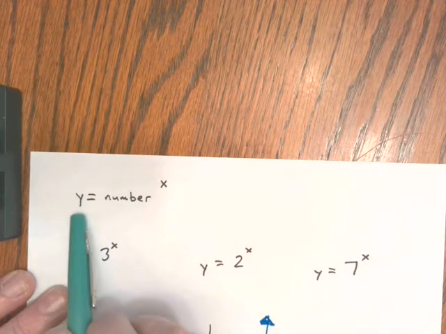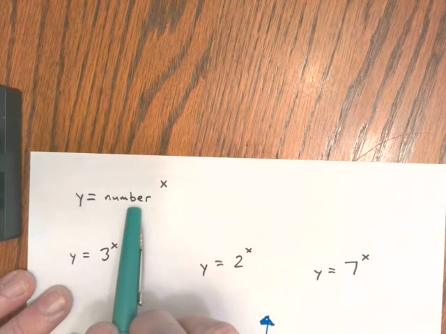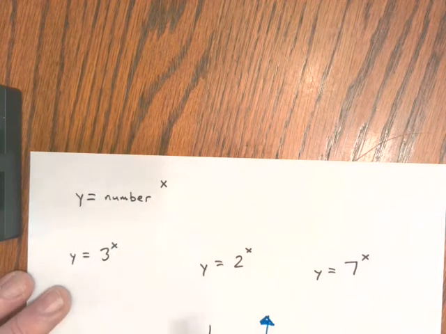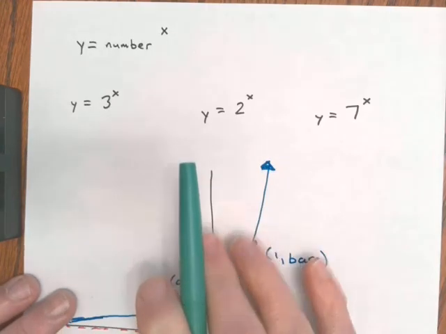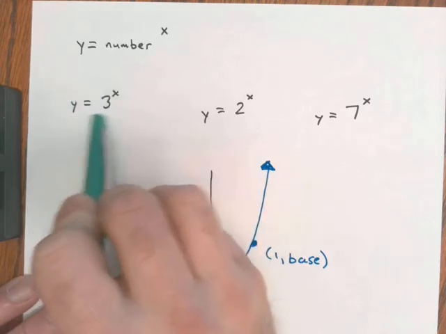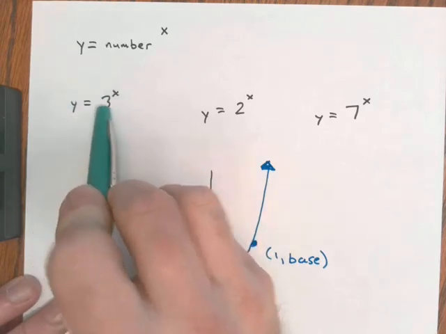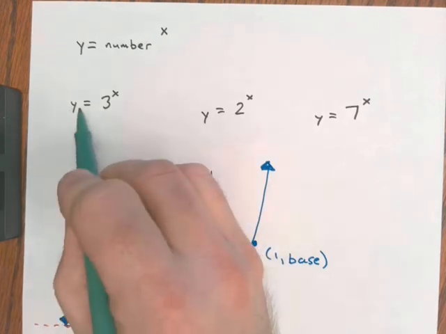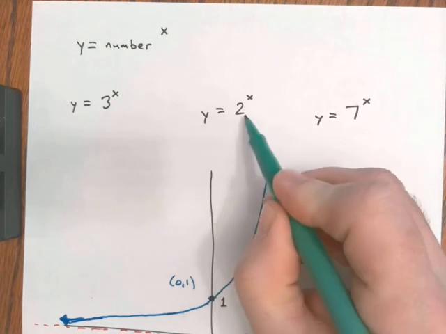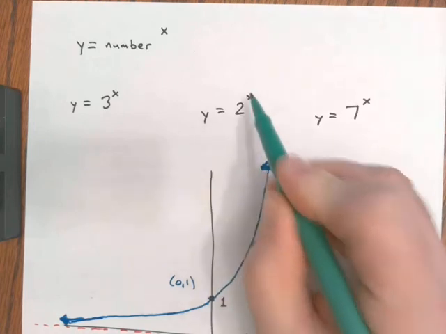So when you have y is equal to a number raised to the x power, we can use parent functions to go through and come up with the graph. The parent function for all of the exponential equations that have a base of 3 would be y is equal to 3 to the x. The parent function for all of the base 2 exponential equations would be y is equal to 2 to the x power.